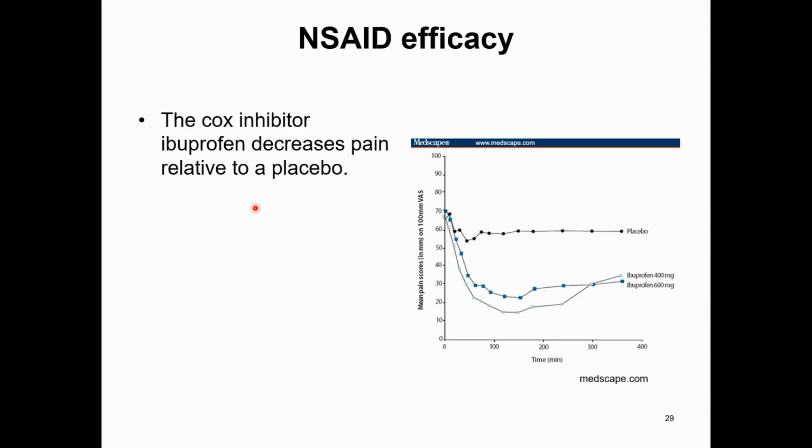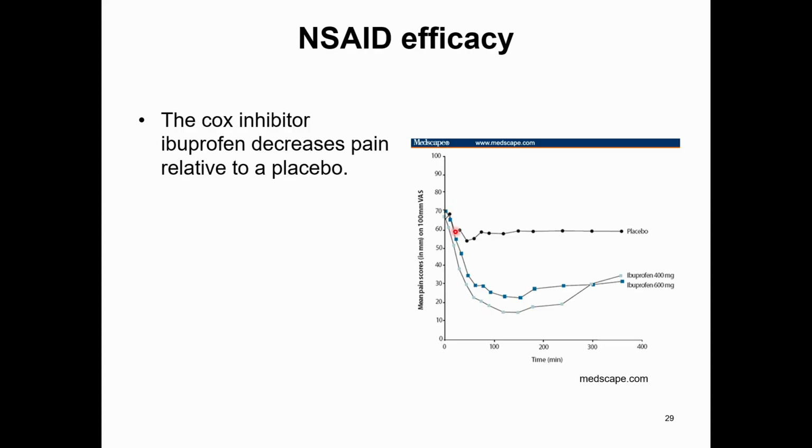So once again, how do you check out how well a drug works? Well, you do a clinical trial of some kind. Here is one just looking at ibuprofen, Motrin, okay? So here's the placebo. Basically, they're giving drugs to patients and asking them how much pain they feel over a course of 400 minutes.